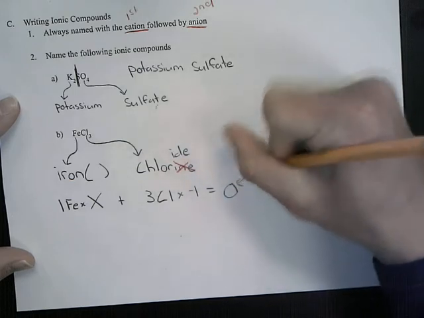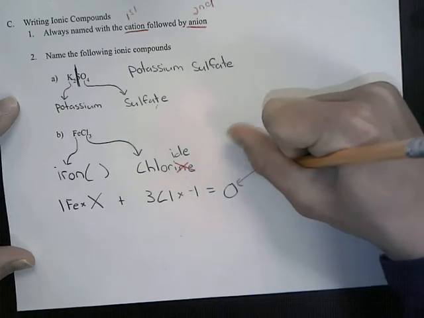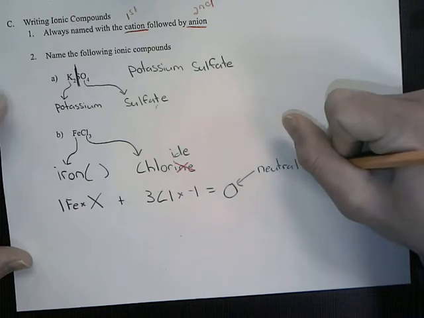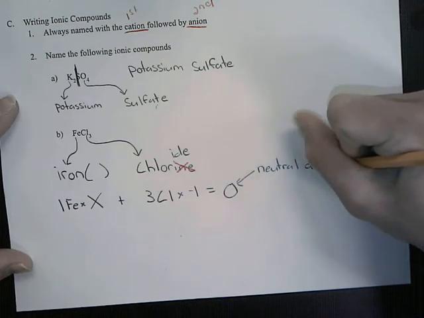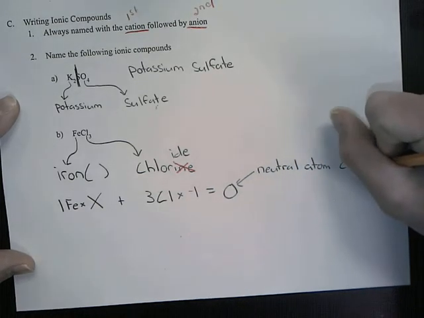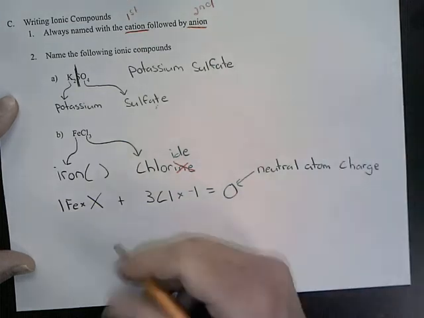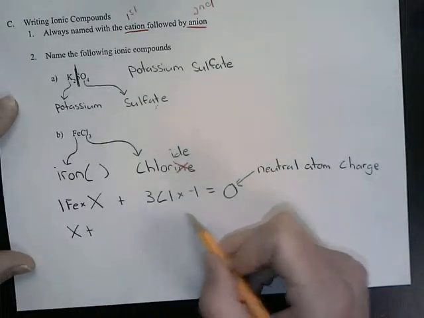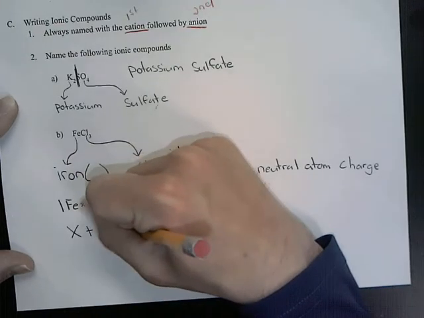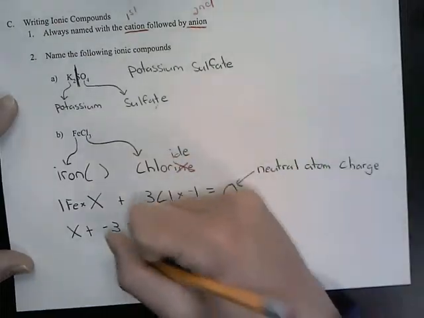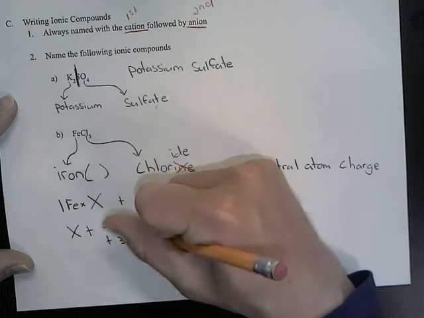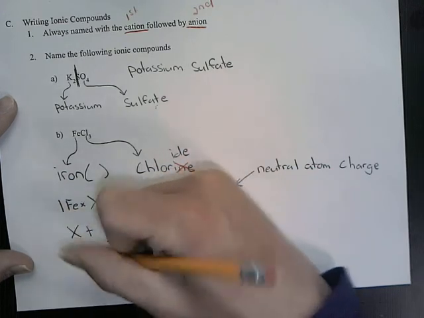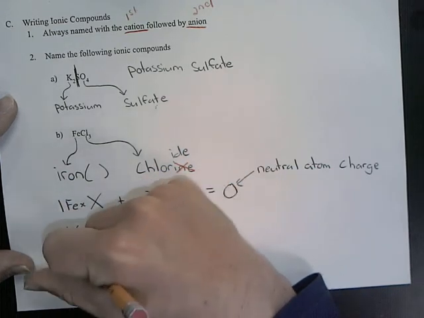This right here is the neutral atom charge. Now, I'm going to simplify this. So we're going to have X plus 3 times -1, -3 equals 0. We solve for X, and the charge for Fe is plus 3.